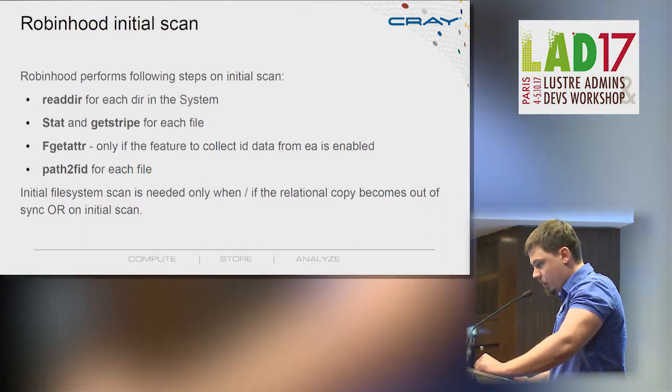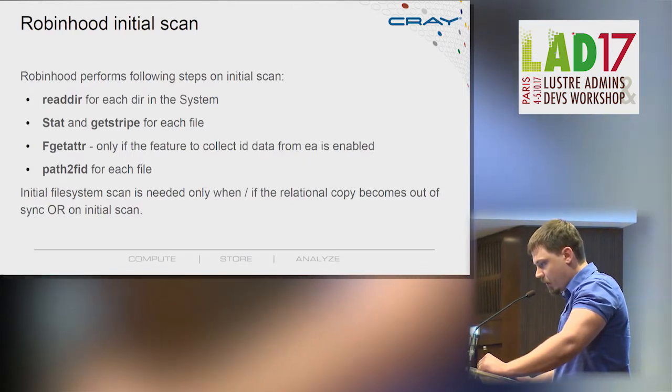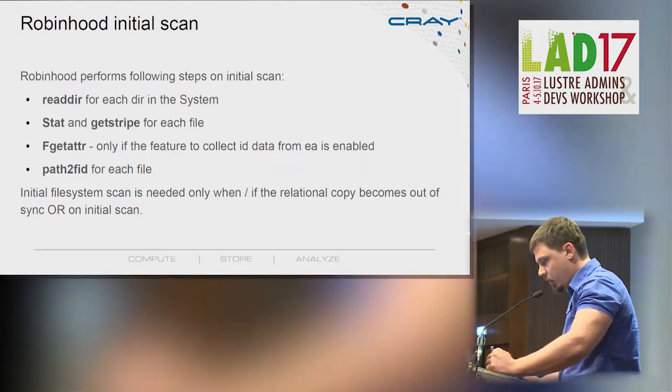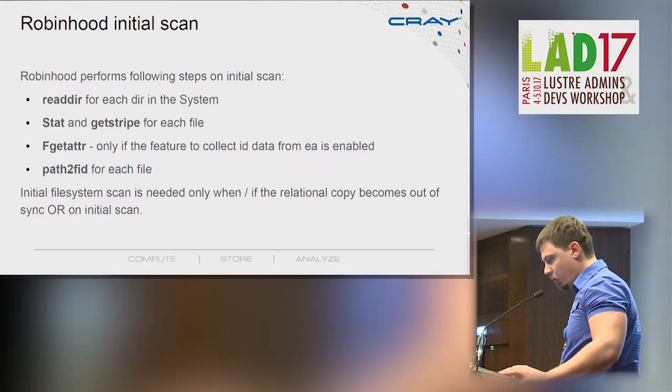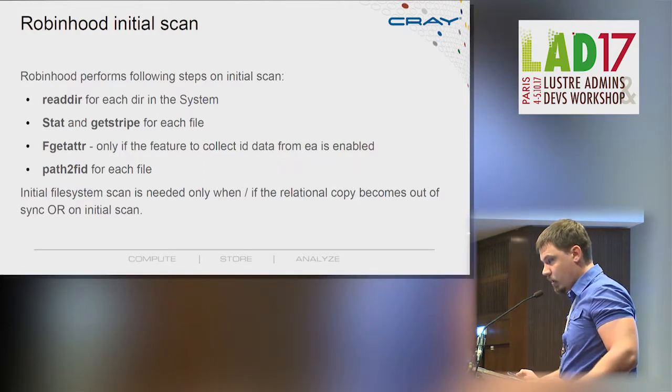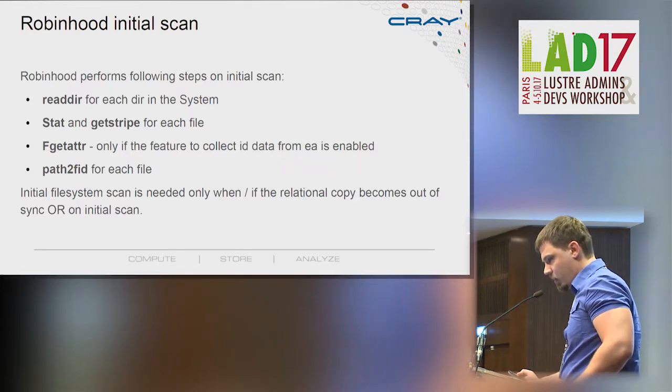Obtaining and populating the Robinhood database with the file system metadata is an operation known as initial scan.